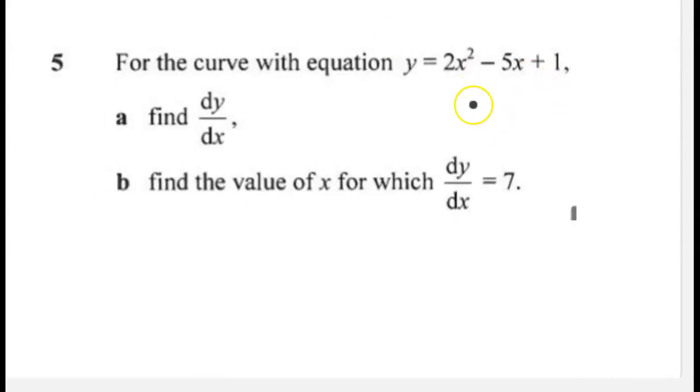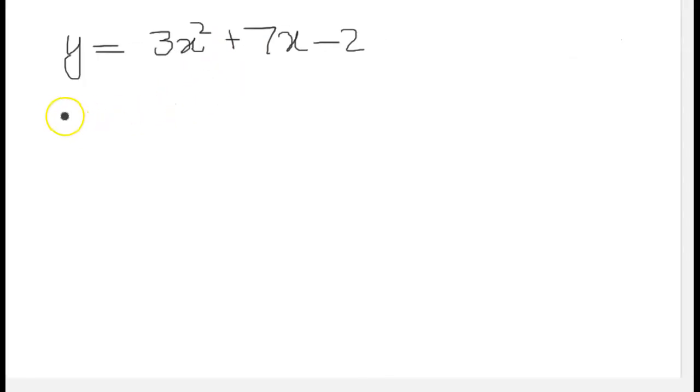Let's say I got an equation, so I'm just making up an equation. Let's say I got an equation as 3x squared plus 7x minus 2. Let's say this is an equation similar to that one. The first part of the question is finding the dy over dx, which is just asking us to differentiate.